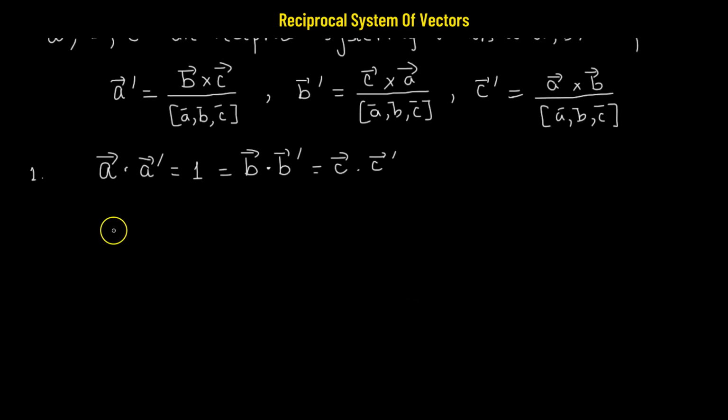So we'll begin with vector A dotted to vector A prime.